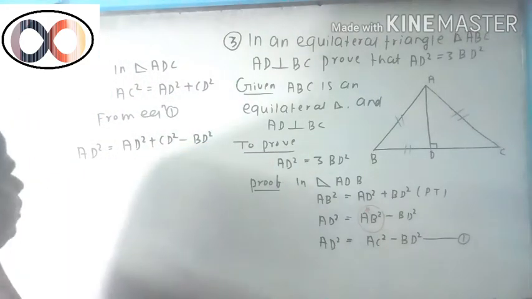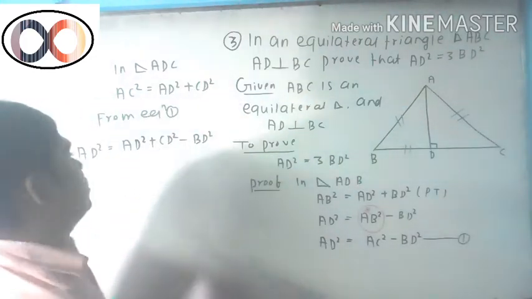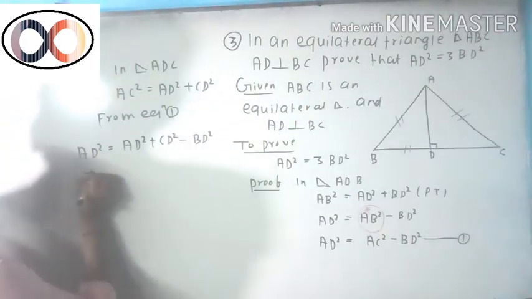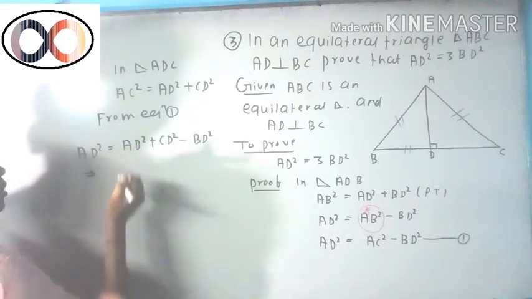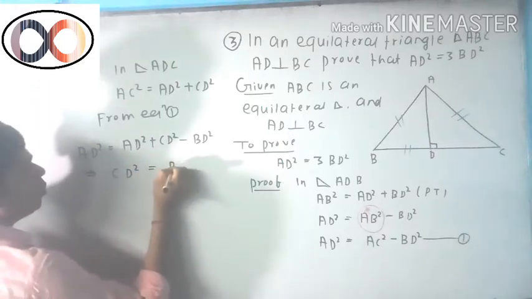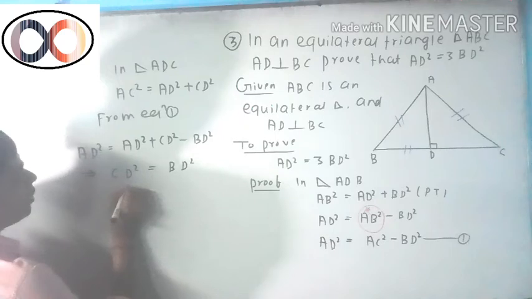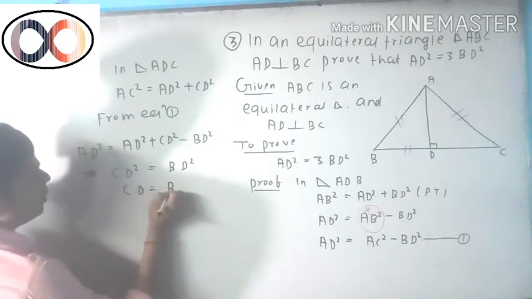So AD square will be cancelled, and we can write CD square equals to BD square, and so CD equals to BD.